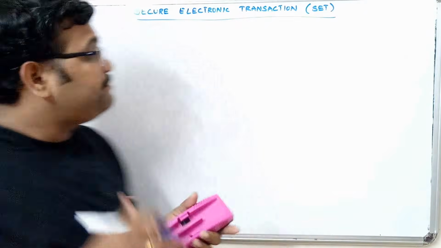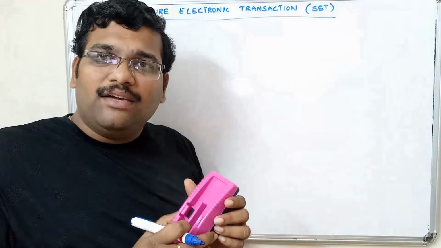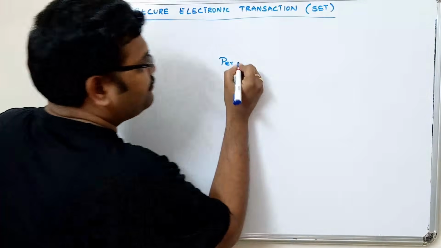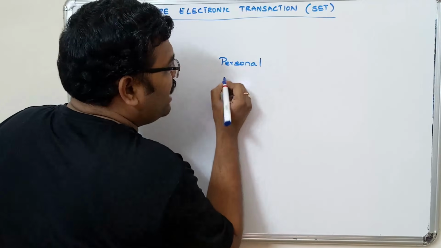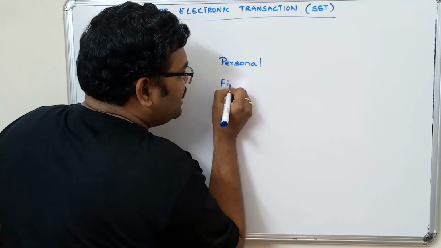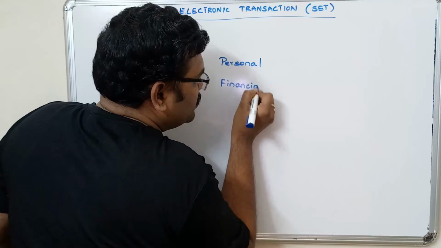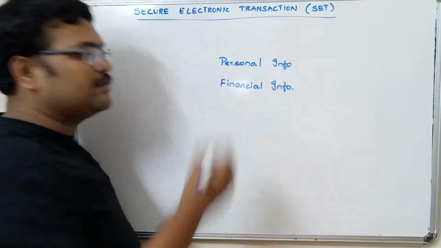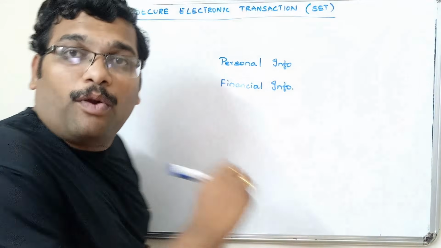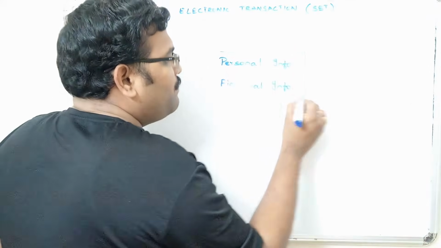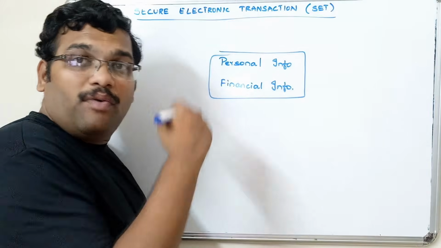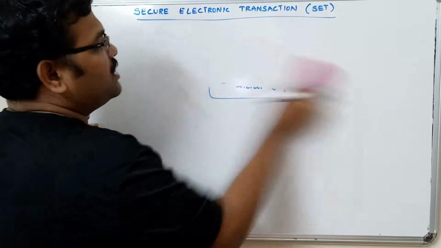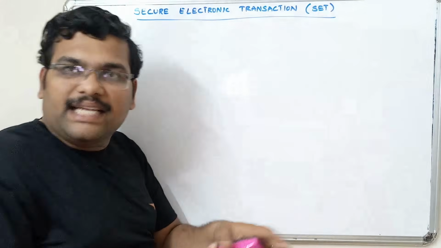In that case, the user will give personal information as well as financial information on the internet, so we have to provide security for this data which we are providing in the network. That is the concept of secure electronic transaction.